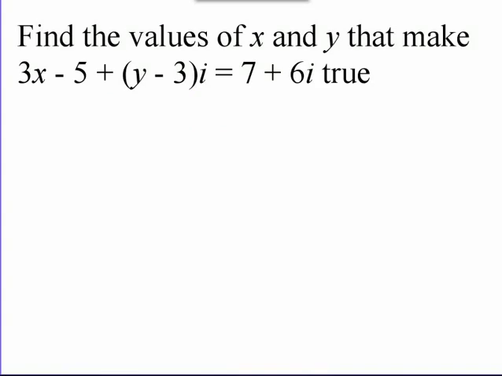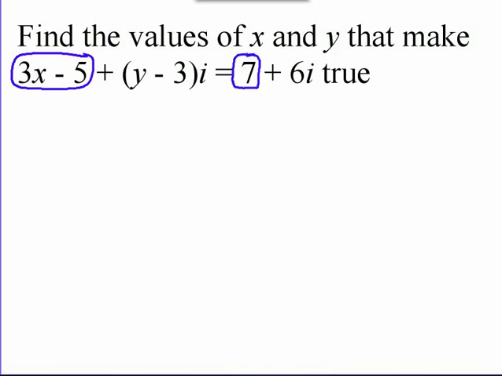Okay, look at this one. Find the values of x and y that make that true. Okay, so what's my real part over here in that problem? My real part is 3x minus 5. What's my real part over here on this side? 7. Yep.